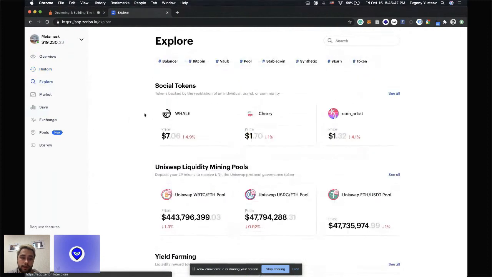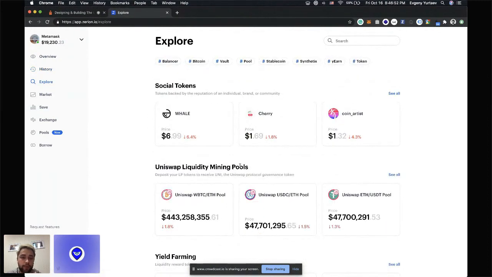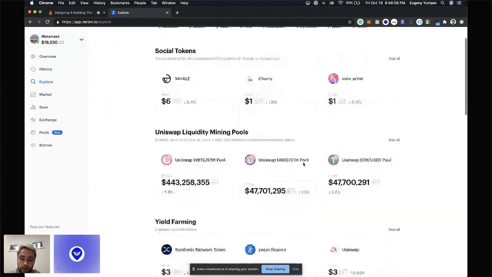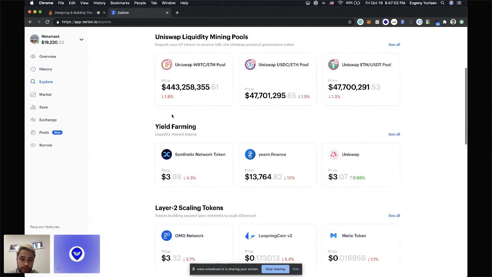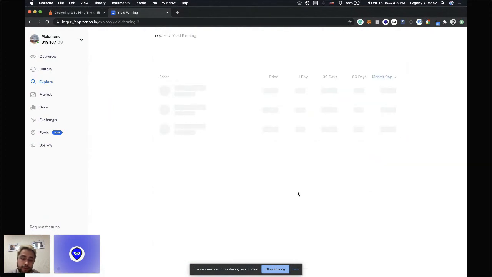And lastly, on this side, I wanted to show you how we approach the Explore page. The Explore page is where you find the different DeFi investment opportunities, and we have created a bunch of different selections for you. For instance, yield farming: you would see all the different yield farming tokens that are available in the DeFi space.